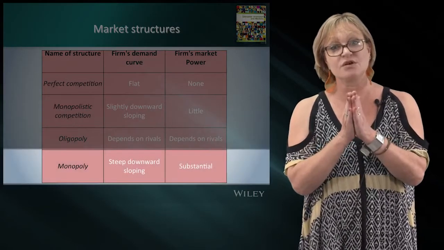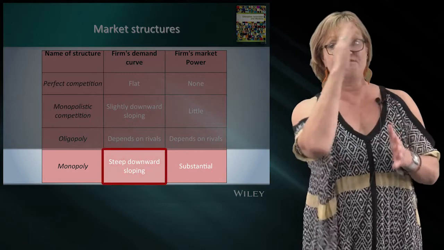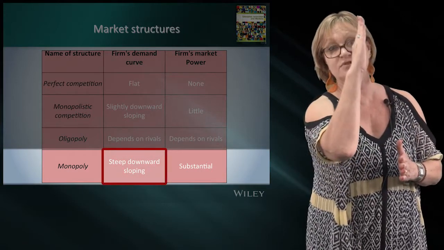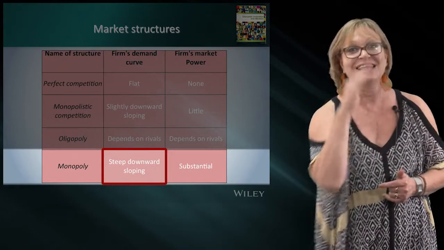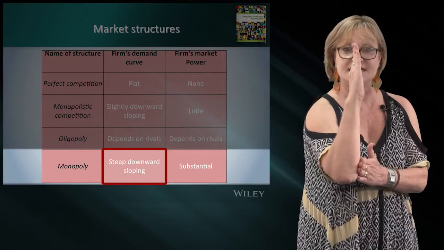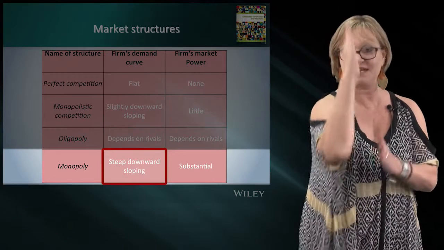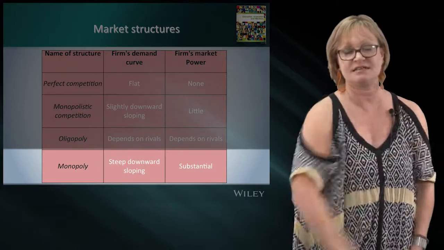As far as the firm's demand curve is concerned, it's a very steep downward slope, and as our resident expert Ed will tell you, it's probably becoming more and more what we call inelastic. An easy way to remember that is if you look at the demand curve, it looks like the letter I, for inelastic.